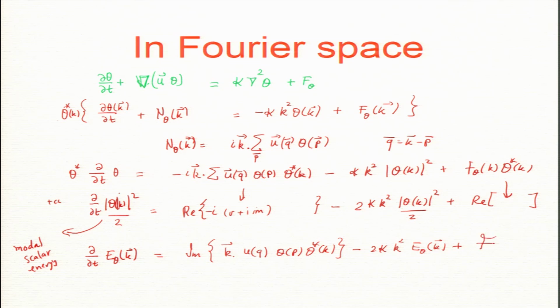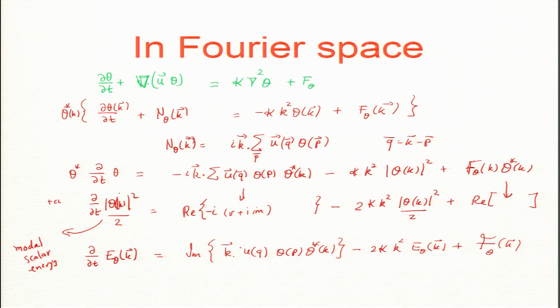I am going to call that notation F, the math cal. This is not force, force is English F. Okay. Now, this is math cal F, calligraphic theta of k. So, this is the injection rate to theta squared by 2. Okay.